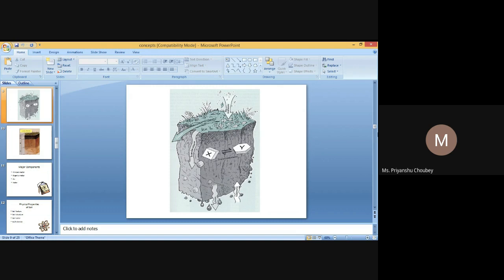Stability index is the difference between the percentage of silt and clay as determined by mechanical analysis and that obtained by suspension of soil sample in water. The greater the difference, the better is the soil structure.